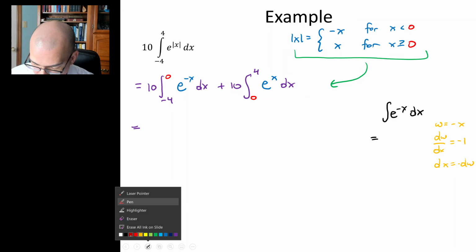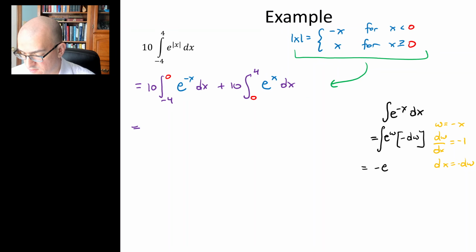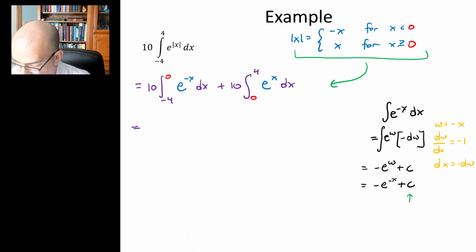We can rewrite our integral as e to the w times -dw. We get -e to the w plus c. Going back, that's -e to the -x plus c, and we can drop the plus c because we have bounds.